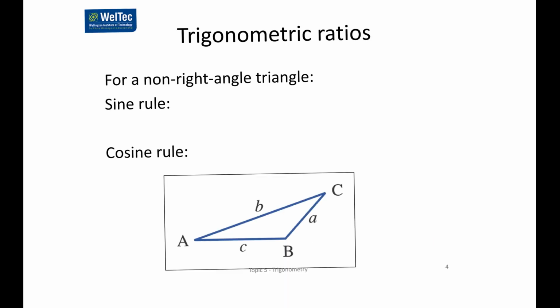If your triangle is not a right angle triangle, then if we need to find the lengths or the angles, we have to use either the sine or the cosine rule.